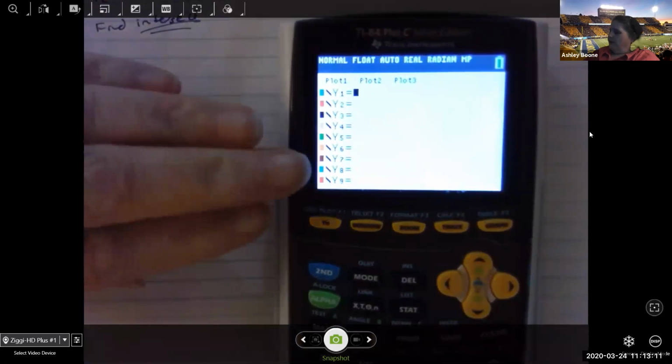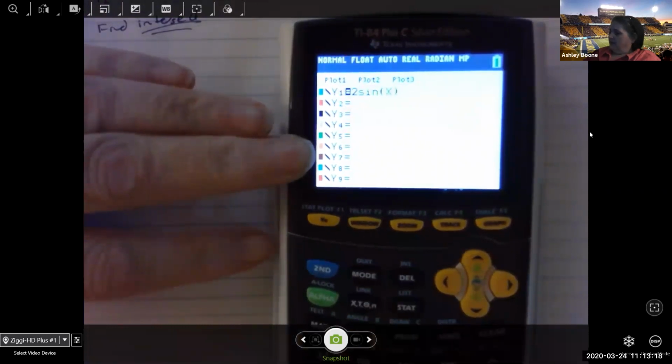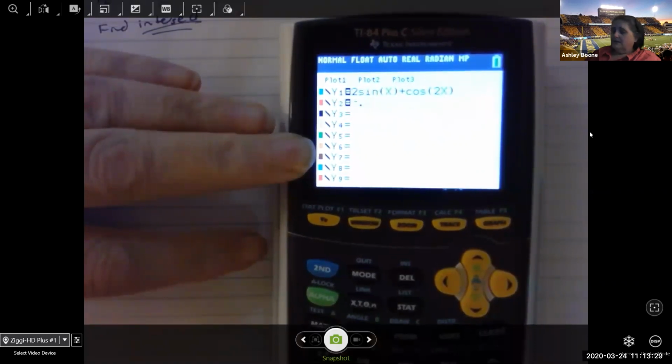So for my y1, I'm going to type 2 sine of x, close off that parenthesis, plus cosine 2x, close off that parenthesis. That's the left side. For my y2, I'm going to type the right side, which was negative 0.7.